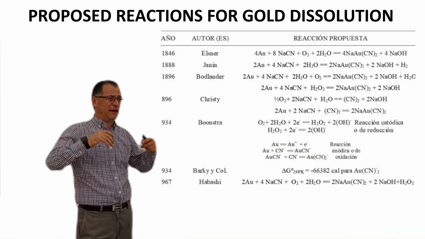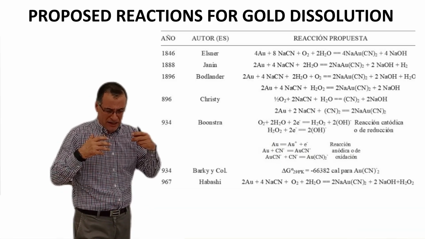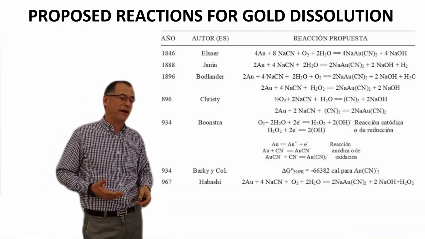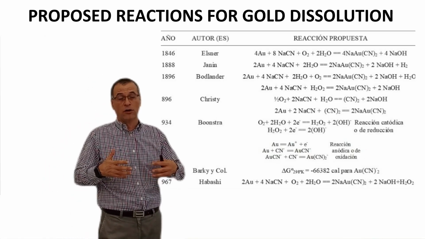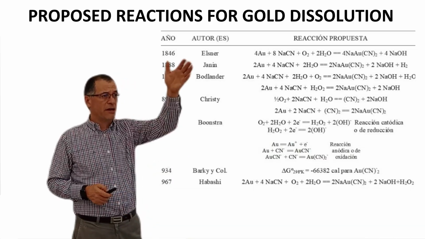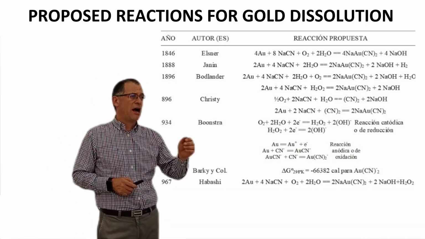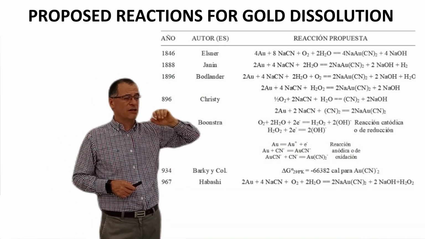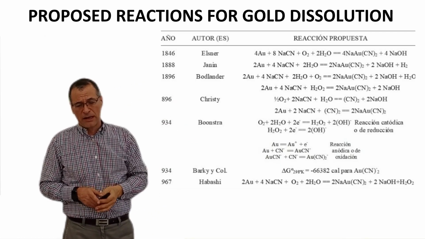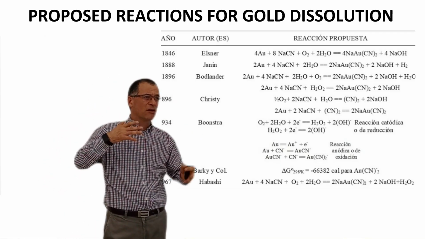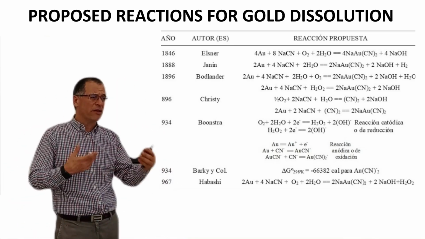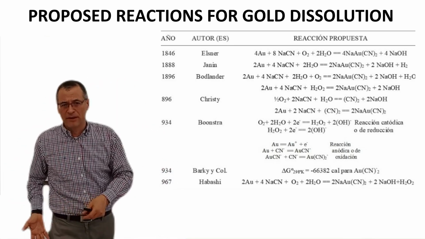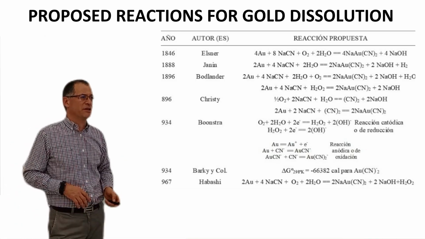But the most accepted reactions in order to dissolve the gold are the Elsner solution and the Elsner reaction, proposed by Elsner in the middle of the 19th century. And nowadays, in this century, we accept the Habashi reactions.